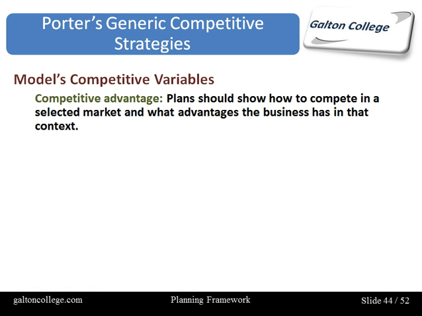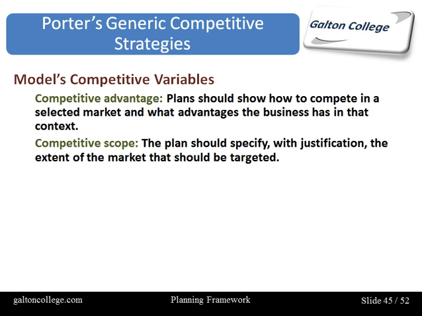So the planning framework should bring out this competitive advantage. Clearly, if there isn't a competitive advantage, it doesn't look good right from the start. In fact, it doesn't look good at all. So competitive advantage is important, and Porter emphasized that one.